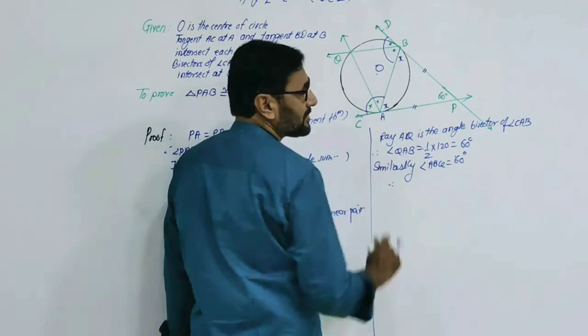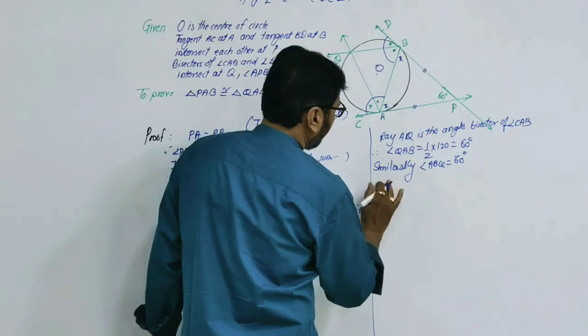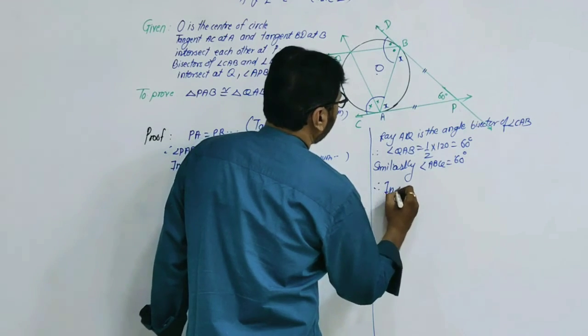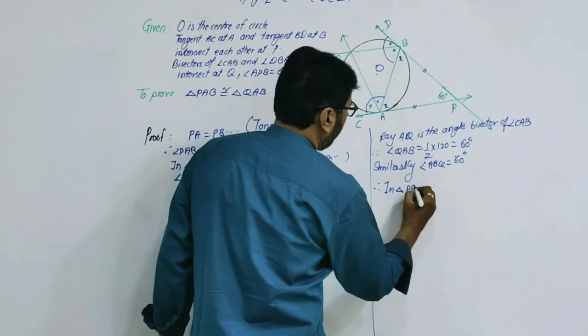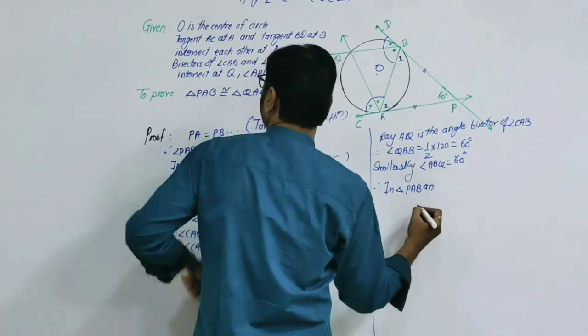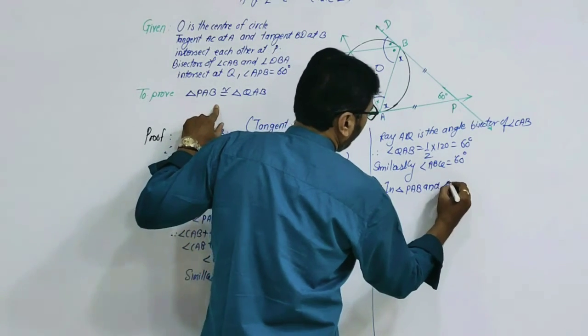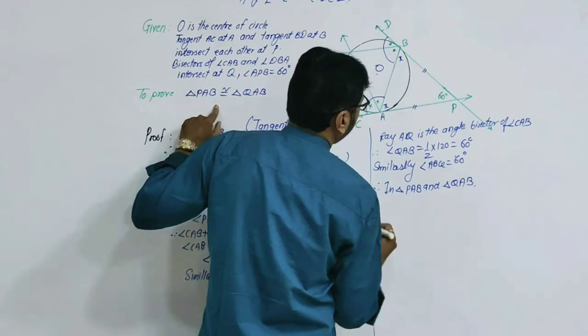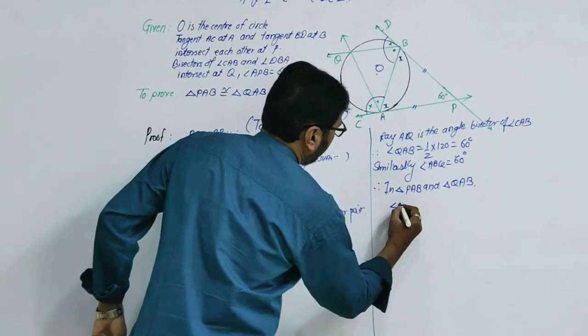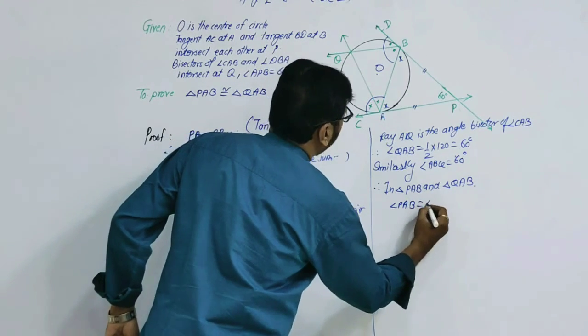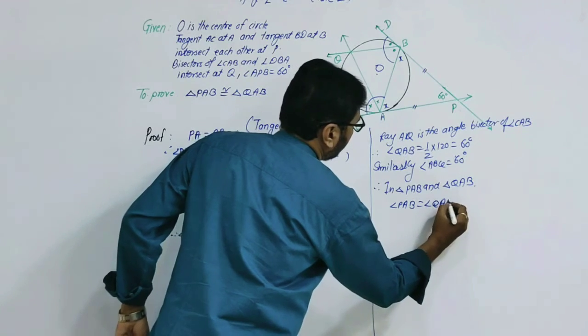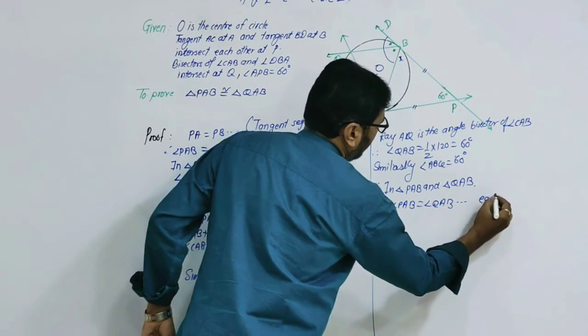So we can prove these two triangles congruent. Therefore, in triangle PAB and triangle QAB, we know angle PAB is equal to angle QAB, each 60 degree.